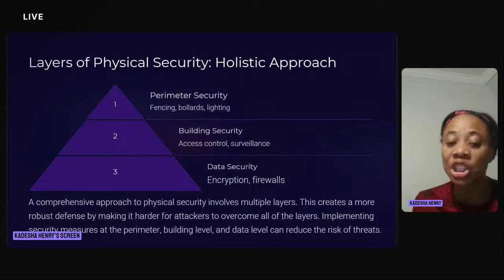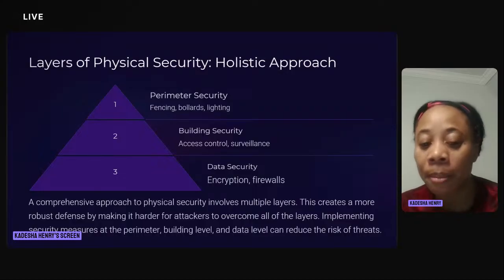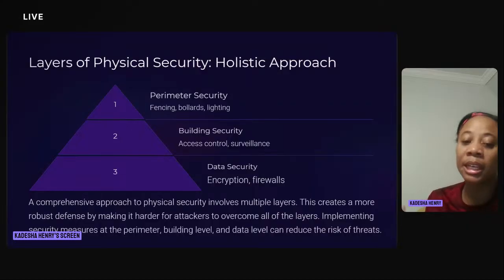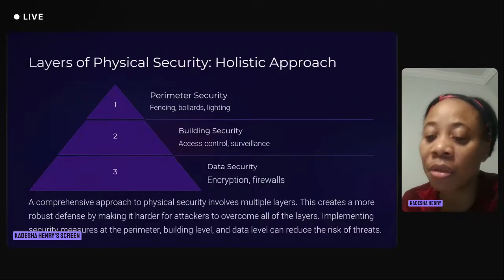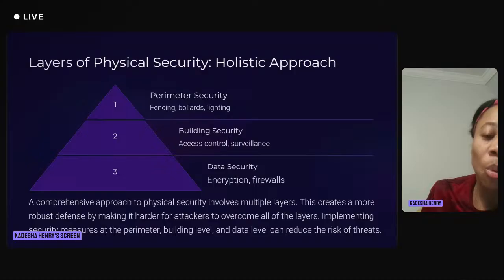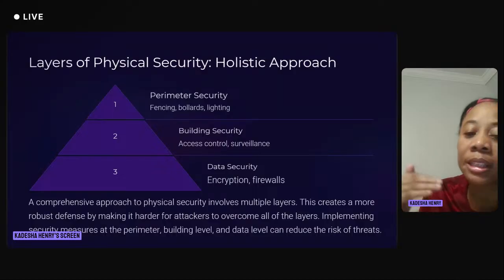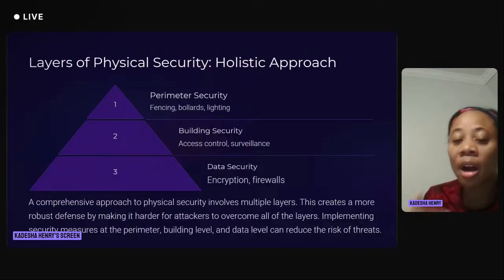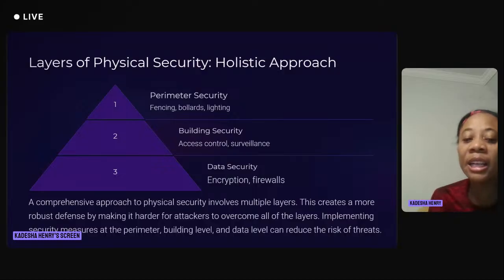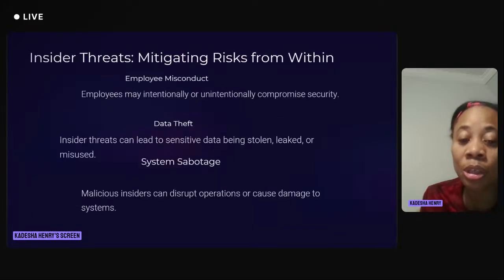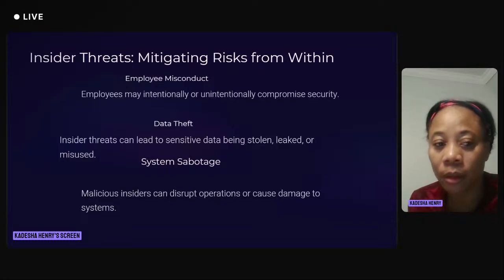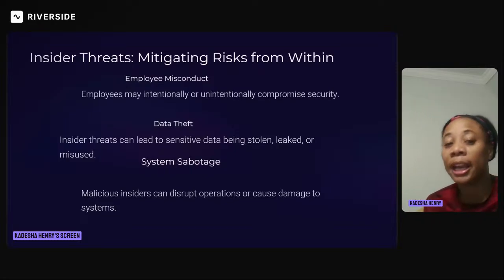Implementing security measures at the perimeter, building, and data levels can reduce the risk of threat. All of these are there as a robust measure to defend against attackers or intruders, to make it very hard for them to gain access.